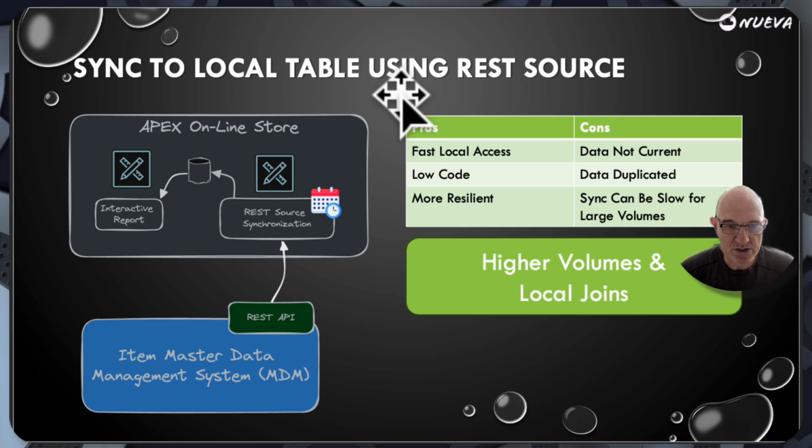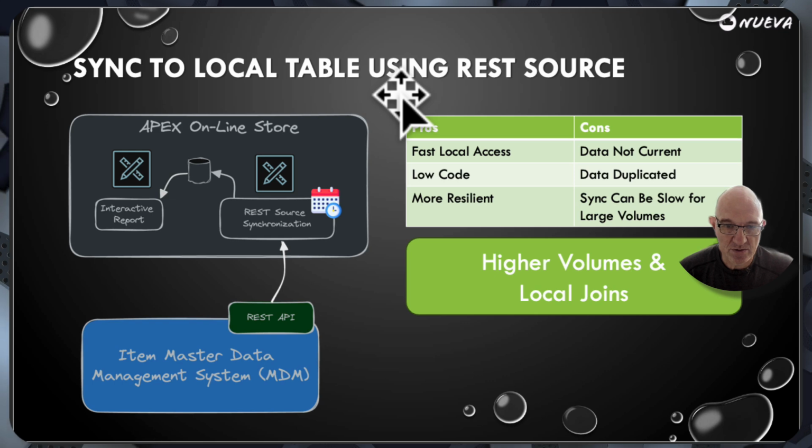So now we have essentially a copy of that data in our database that's synced for us by Apex. This gives us fast local access to that data. It's still a low-code solution, and it's a little bit more resilient because if that REST API fails, we still have that data locally that we can query.